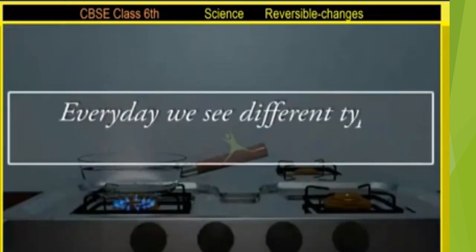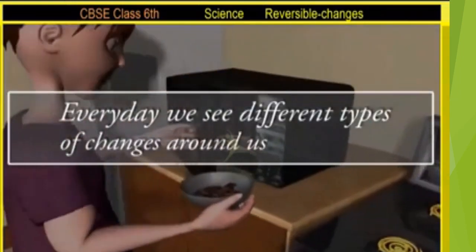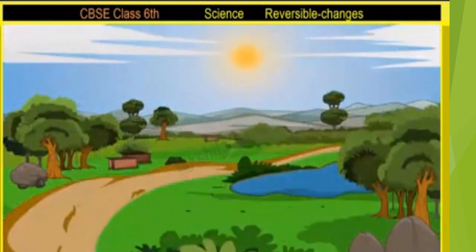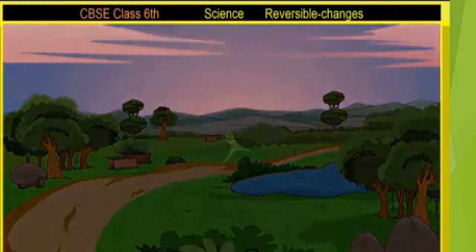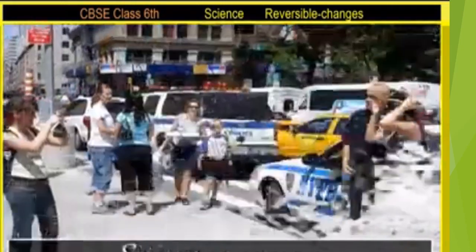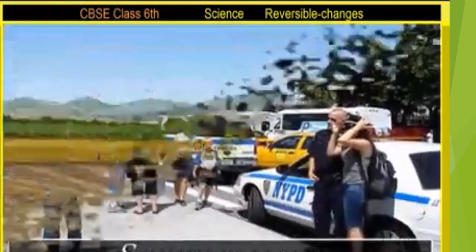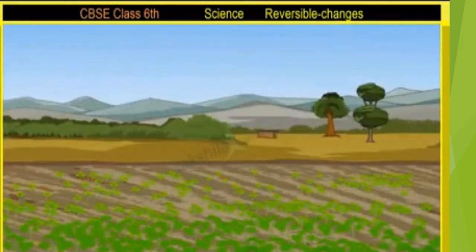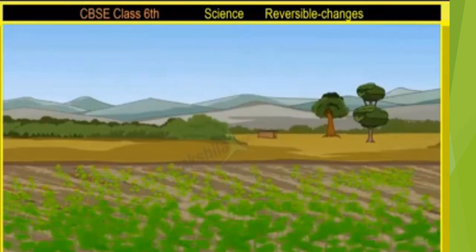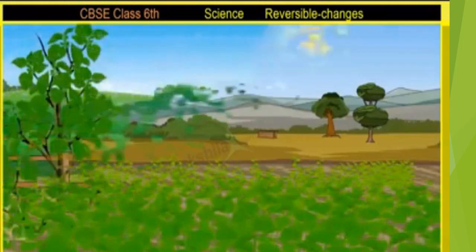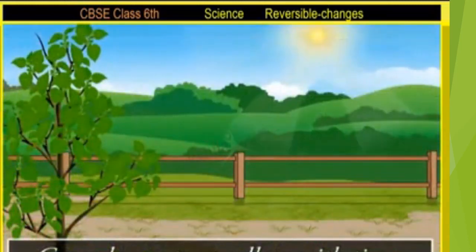Every day, we see different types of changes around us. We can observe that day gradually changes into night. The season changes from winter to summer. In the fields, the size of the crops changes with time. Leaves of the trees change color with time.